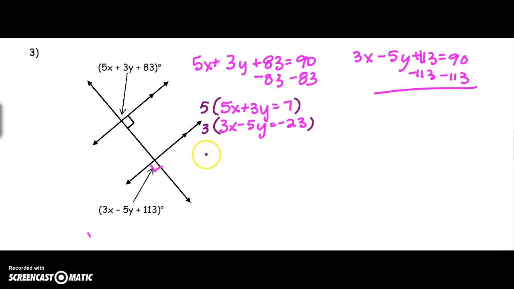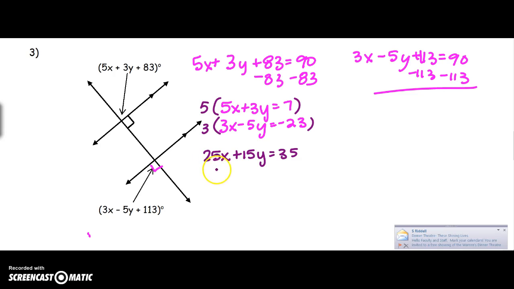So 5 times 5 is 25. 5 times 3 is 15. And 5 times 7 is 35. 3 times 3 is 9. Sorry about that. 3 times negative 5 is negative 15.